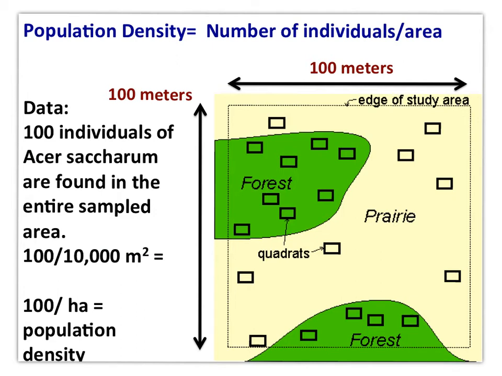Population density is the number of individuals divided by the area, number of individuals per area. For example, if the area is 100 meters by 100 meters, which is 10,000 square meters, and your count is 100 individuals of sugar maple trees, then your density is 100 trees per 10,000 square meters, or 100 trees per hectare.